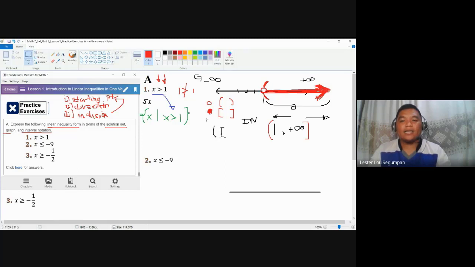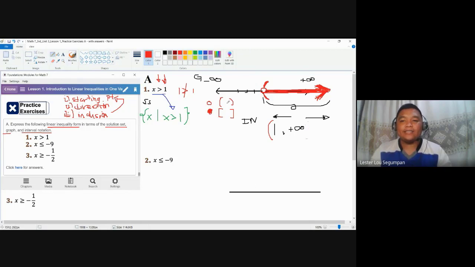However, guys, I need to tell you something here. Yes, infinity is included. However, we do not know the value of infinity. We could not measure infinity. We don't know what infinity is. So even if infinity is included, and it should be a bracket because it's included, we are not going to use brackets for the infinity.